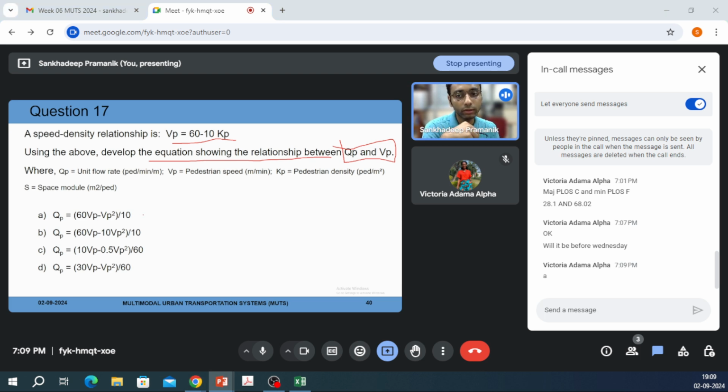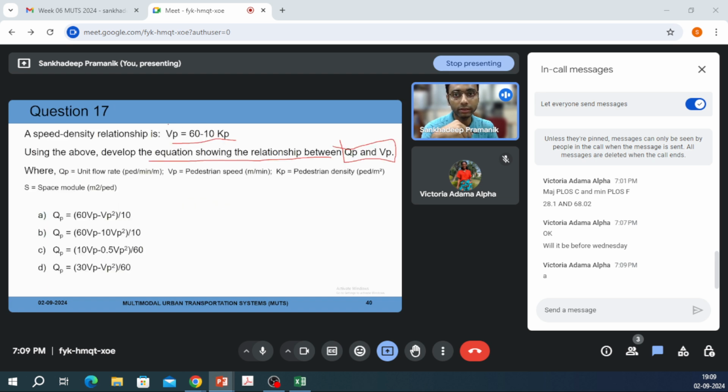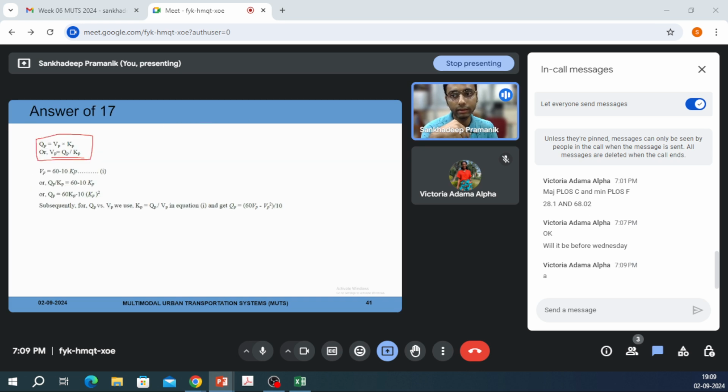Yes, option A will be the correct answer. Similar to the equation Qp equal to Kp Vp, we just need to get Kp, and if we put it in this equation, with Vp equal to 60 minus 10 Kp, then we get Qp equal to 60 Kp minus 10 Kp square.